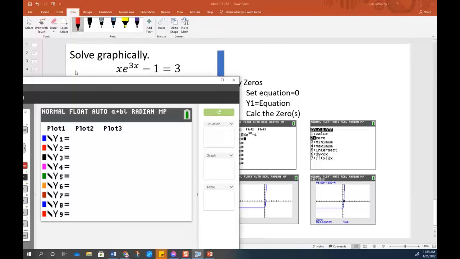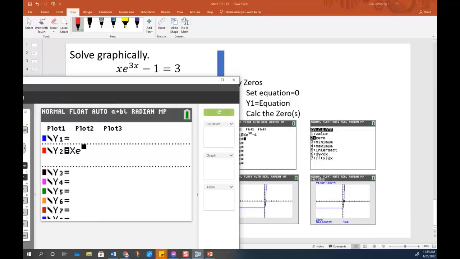And so I would end up with x times e to the 3x minus 4, x second ln, e to the 3x, and then we get minus 4. So see, I'm putting it all on that one line then. Now, I know I put it in y2. I should have just put that in y1 probably, but it really doesn't matter. You just want to put it in one of your equations.